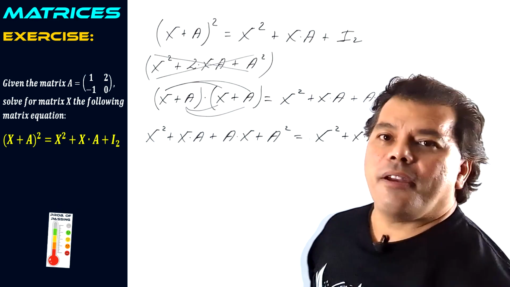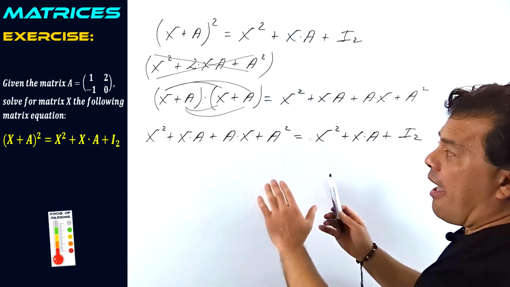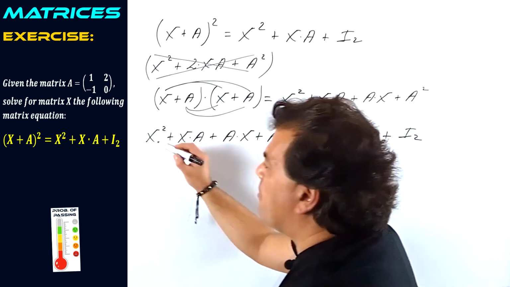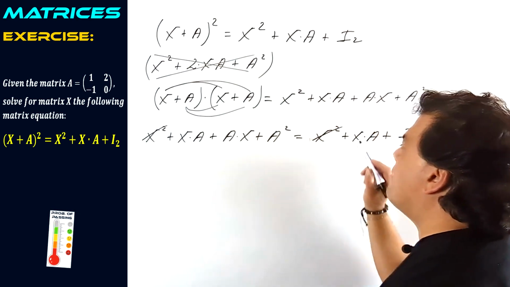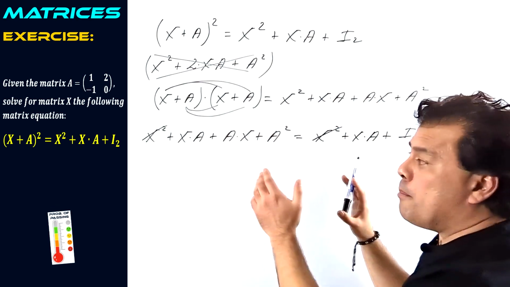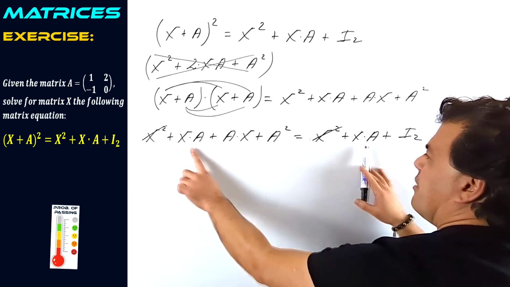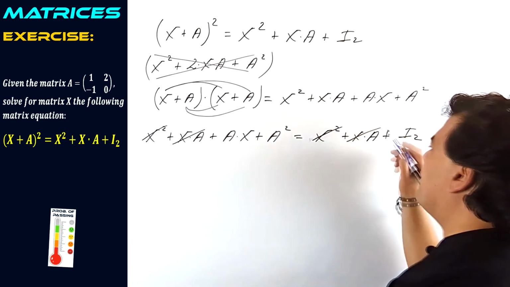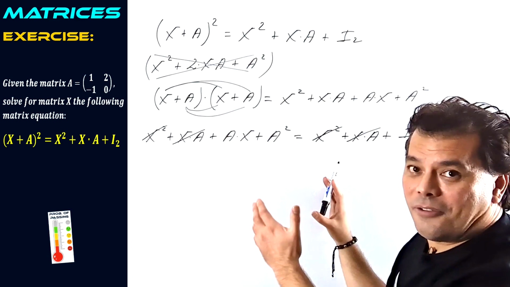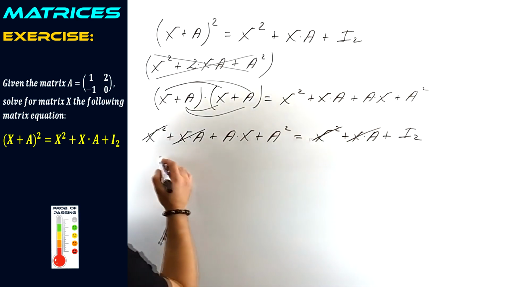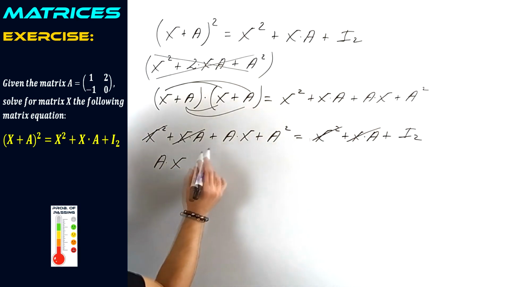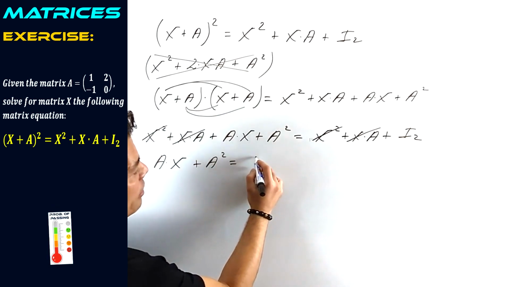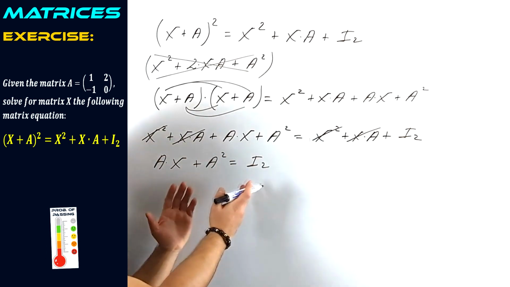And now look carefully at this structure, and you can see that we can cancel this term because it's in both members of the equation. But not only that, look, this is also the same term, so we can cancel it out on both sides. So finally, this is the equation that we have to solve for matrix X. And you can see that it is luckily very simple, right?